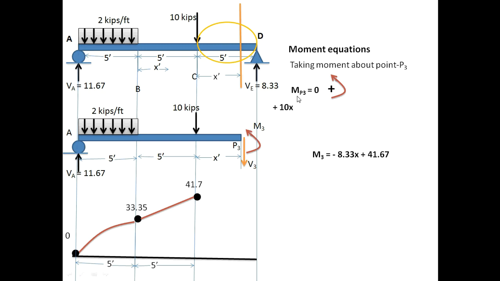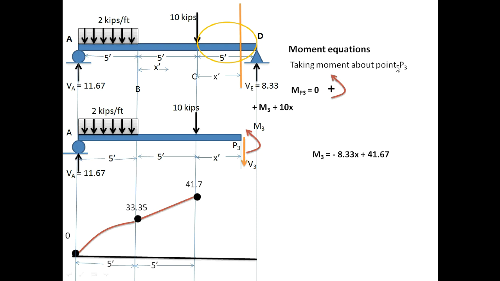Similarly taking moment about P3, now this is my M3, creating counterclockwise moment, taken as positive, and this is my 10x. This 10 is the concentrated load and x is the moment arm, creating counterclockwise moment about point P3.